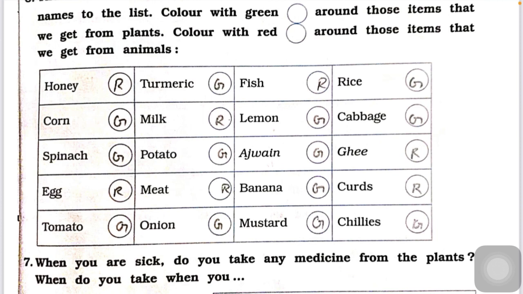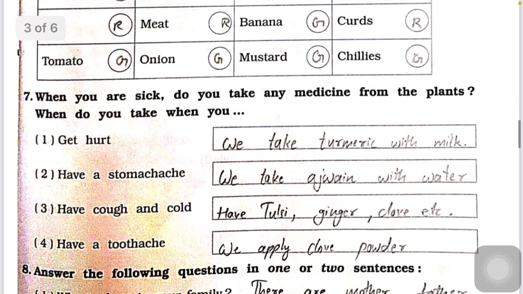Because honey, milk, fish, ghee, curds, egg, meat, all these things we get from animals, so we use red color, and the remaining things are all marked G, which we collect from plants.